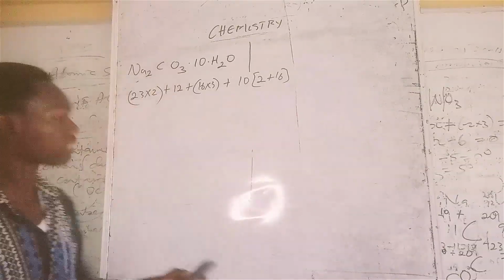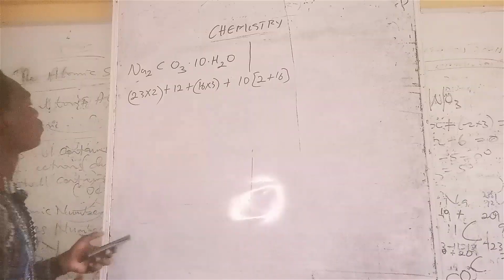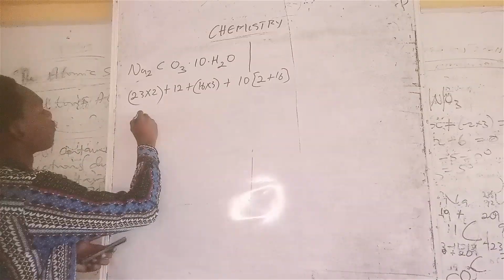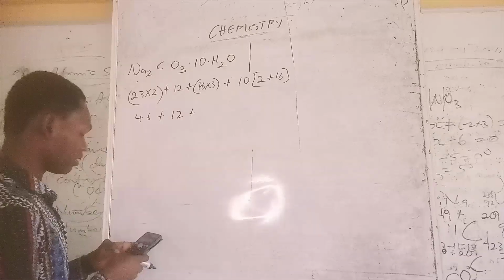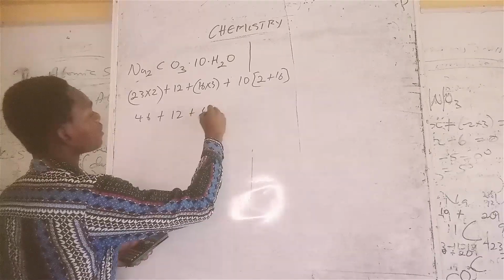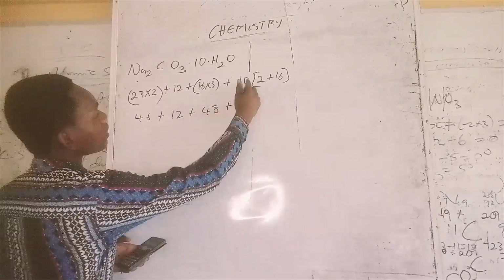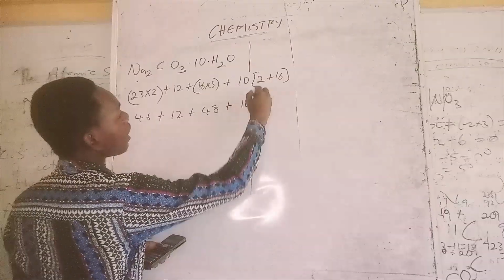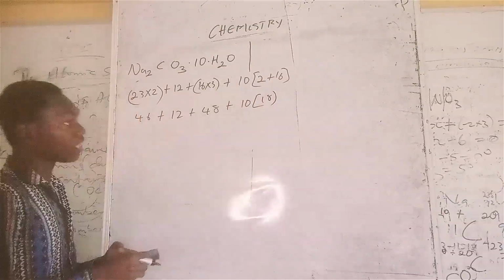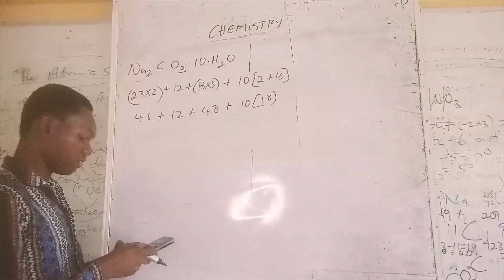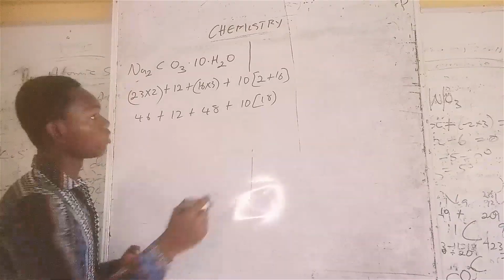Now let's simplify using addition and multiplication. 23 times 2 gives us 46, plus 12, plus 16 times 3 gives us 48, plus 10 times 18, which gives us 180.